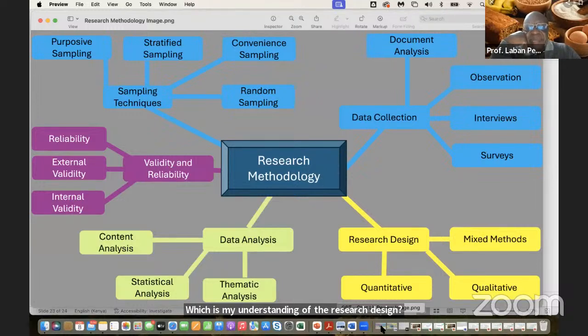Am I going mixed methods, qualitative or quantitative? How will I do my data collection? And even before data collection, how will I do my sampling? And how do I ensure reliability, both external and internal, and the validity of my instruments and the data I'm collecting?